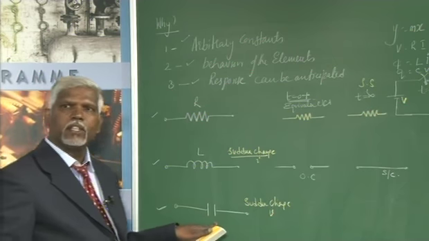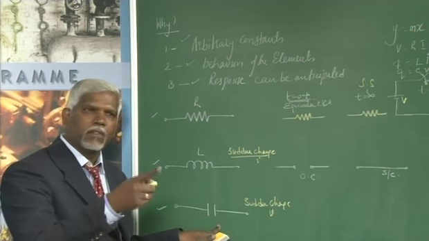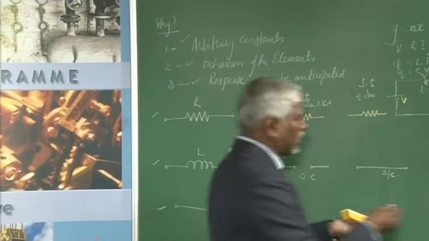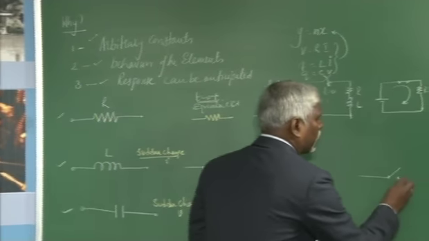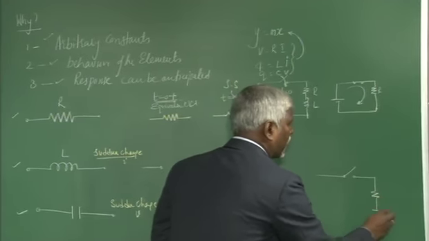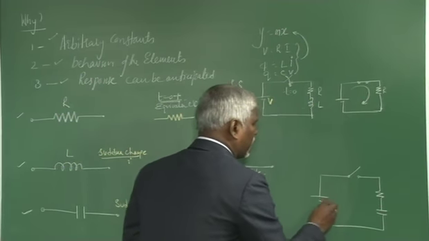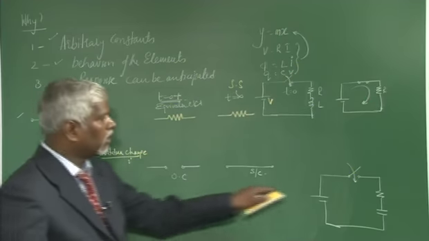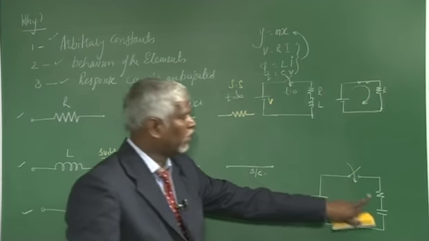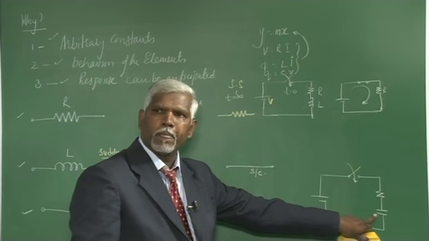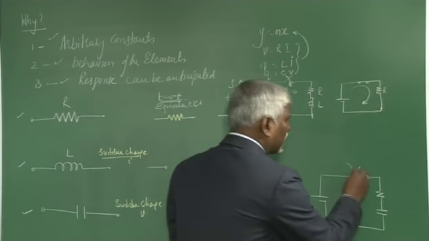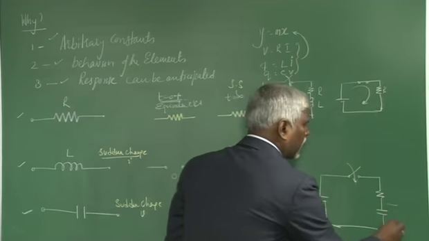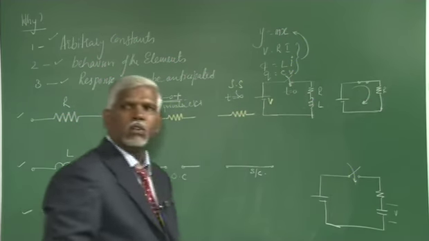Assume that initially there is no voltage across the capacitor. Consider a similar circuit: I have a switch, a resistance, a capacitor, and I apply a DC voltage source. Before the switch is closed, the voltage across the capacitor is 0. After closing the switch, the voltage across the capacitor still remains 0.